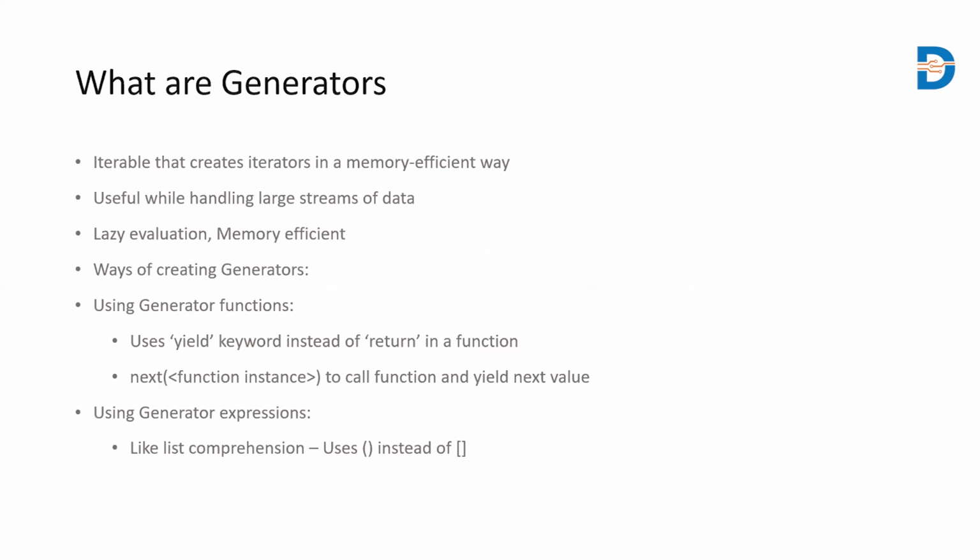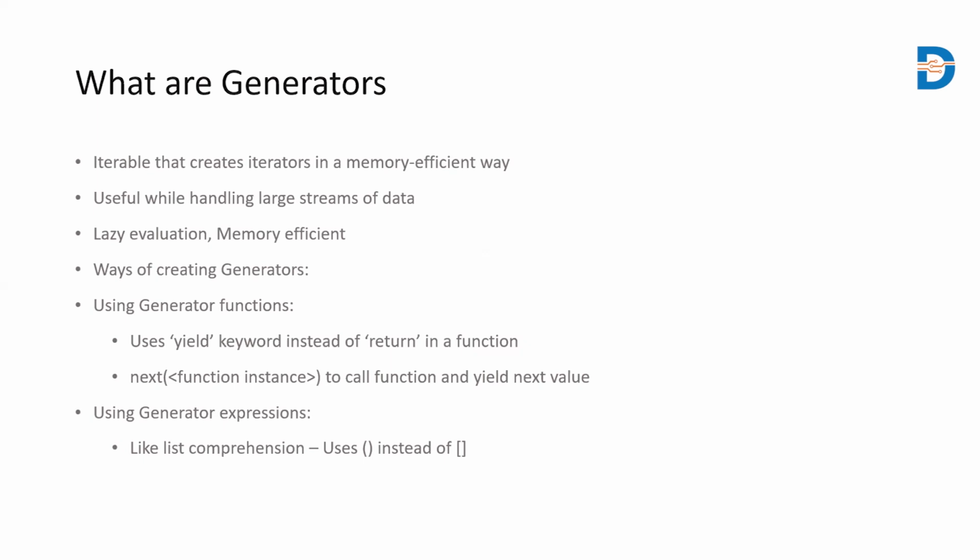Python generators are a special type of iterable that allows you to create iterators in a more memory efficient and more readable way, right? They are particularly useful when you have large data sets or large streams of data because they yield items one at a time, only as needed, rather than creating the entire collection in memory at once.